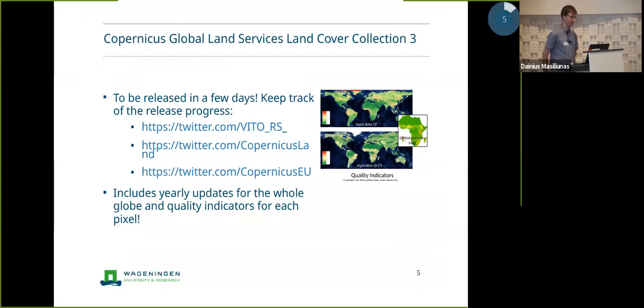So you can follow the release schedule on Twitter. The first one is the main one, VTO Remote Sensing, and also the Copernicus channels. It's very exciting that collection 3 is coming out soon because that will have both the updates for all pixels in the world from 2015 onwards, as well as quality indicators for the pixels as well, both for the input data and for the algorithms themselves, and including some spatial accuracy maps.